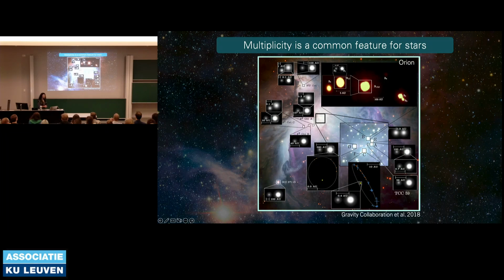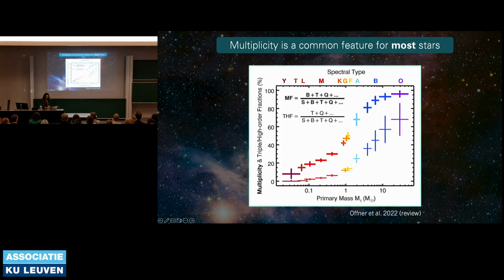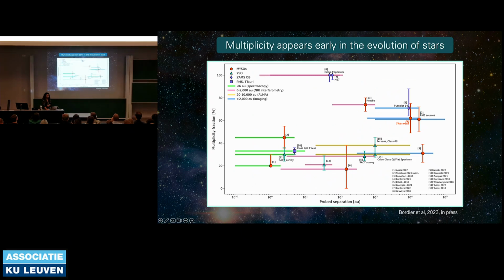Just to remind you that multiplicity is a common feature for stars, and if we look more closely at the numbers, it's also clear that multiplicity is a common feature for most stars. And there is even a tendency towards 100% of multiple systems for the most massive stars if you look at the upper right-hand of this graph.